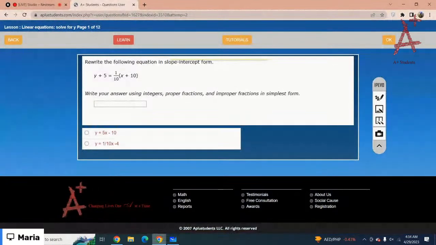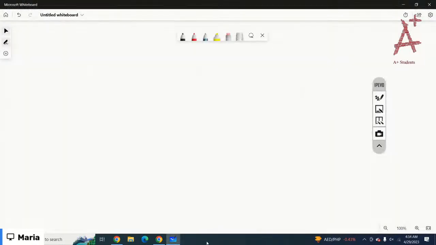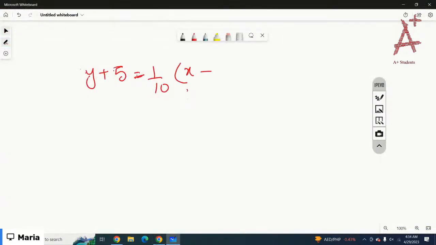Okay, the first one is y plus 5 equals 1 over 10 times x plus 10. First of all, we need to remove that 10. It would be y plus 5 equals 1 over 10x plus 10 over 10.